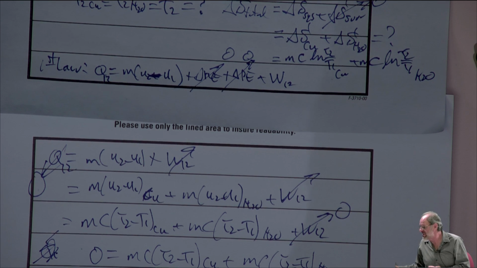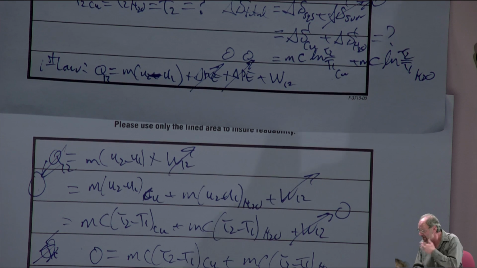Yeah, because ultimately the heat gained by the water is going to be equal to the heat lost by the copper. So you could certainly say that M delta U for the copper is going to be equal and opposite to M delta U for the water. And again, without any heat transfer or work or kinetic potential energy, that would be perfectly acceptable.